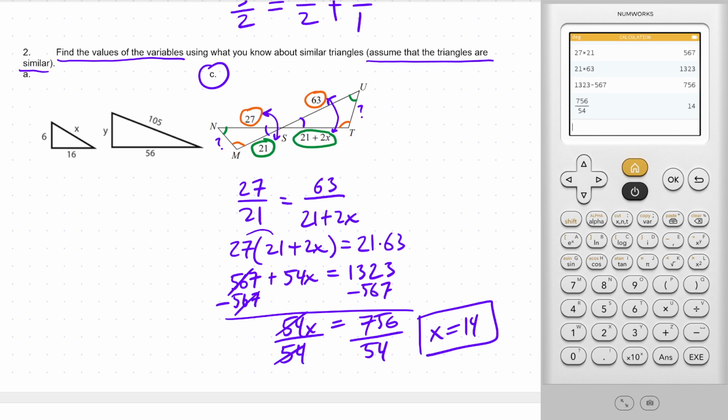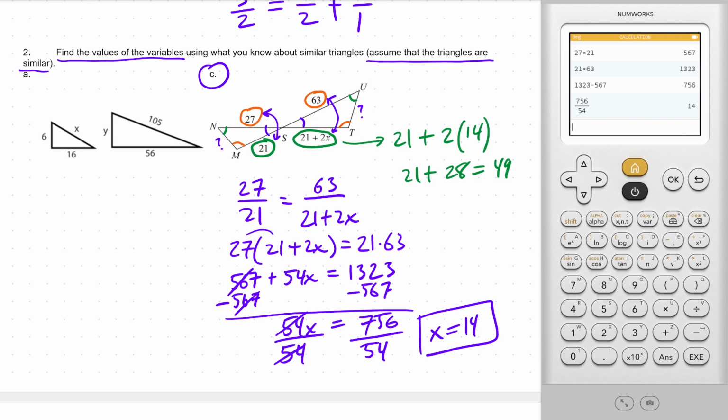However, I'm also curious to know the length of the side, because x is not the length of the side in this case, it's the value of the variable. So let me actually plug in 14 and just see if we got an answer that's reasonable. So from right here, I'll say, okay, 21 plus 2 times 14, I'm substituting the value for x in, and so that gives me 21 plus 2 times 14 is 28, which equals, let's see, 21 plus 28, last I heard, was 49.